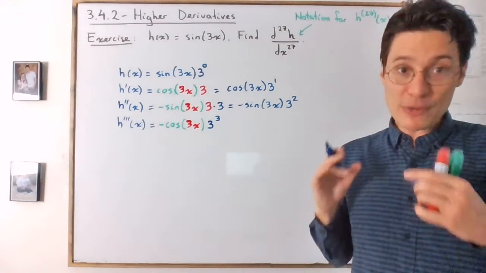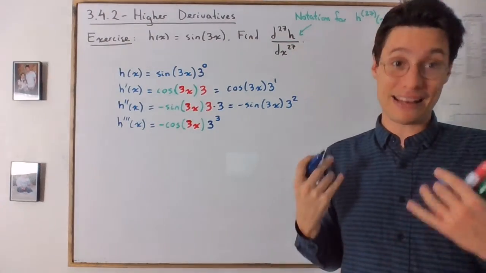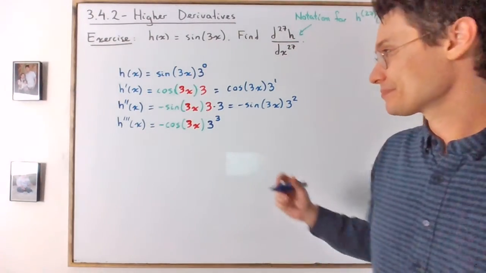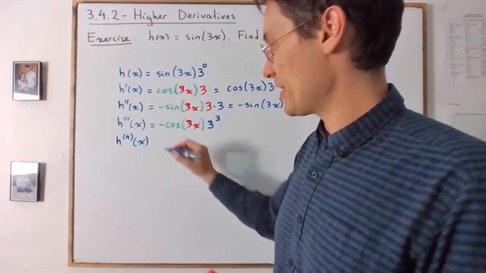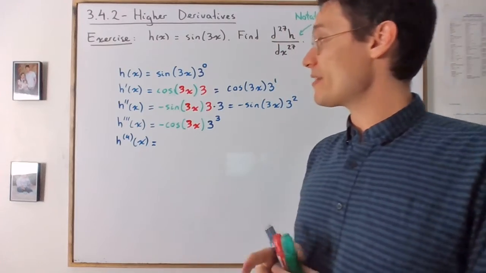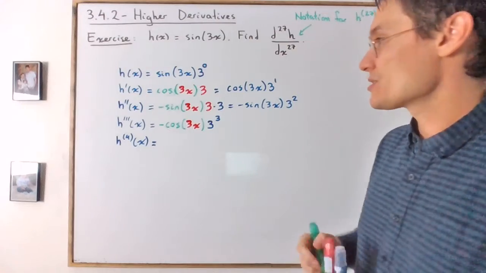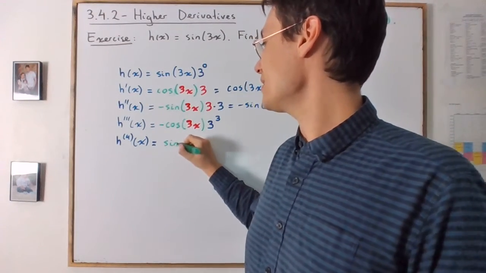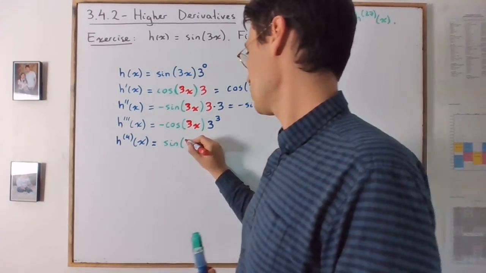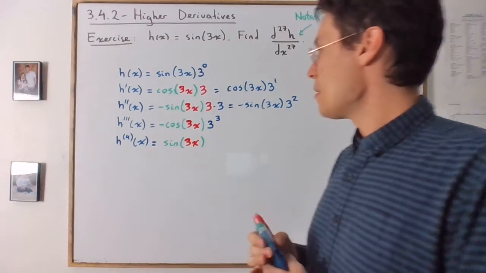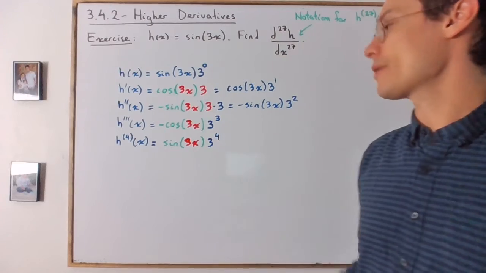So here I'm combining the 3 that I get from the chain rule with the other 3's that I had already. Then the fourth derivative: the derivative of negative cosine is negative of negative sine. So in other words, we will have here sine of 3x, multiplied with 3 to the power of 4.